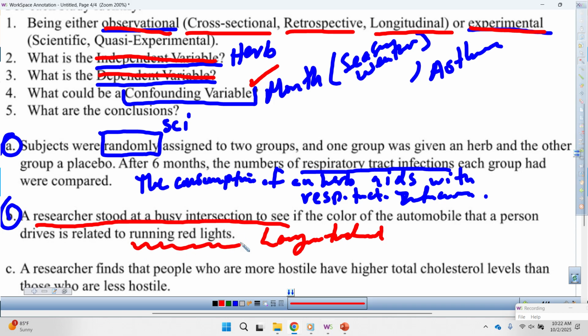Talk to your neighbor. What could affect someone running red lights? Fernanda, pasa one. Mireya, what could affect someone running red lights? A what? A cop's going to have someone running red lights?